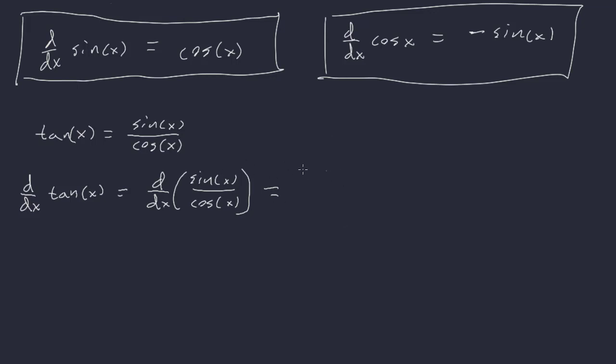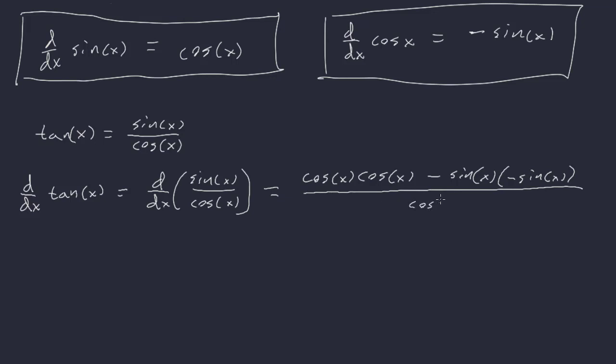Okay, so using the quotient rule, would be the derivative of the top, which is cosine of x, times the bottom, which is cosine of x, minus the top left alone, just sine of x, times the derivative of the denominator, which will be negative sine of x, all over the denominator squared, so cosine squared x. Okay, simplifying the top, we'll have cosine squared x, then a negative sign times a negative sign is a plus sine squared x, all over cosine squared x.